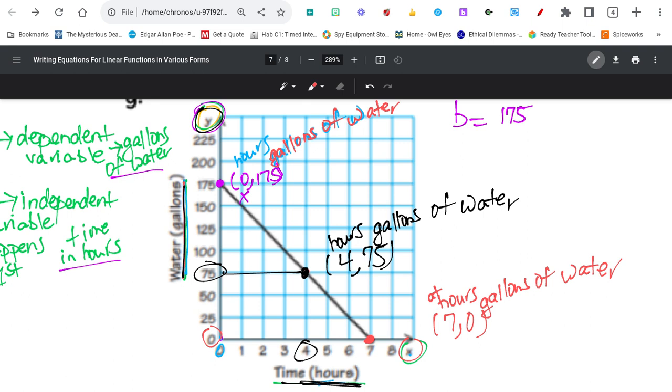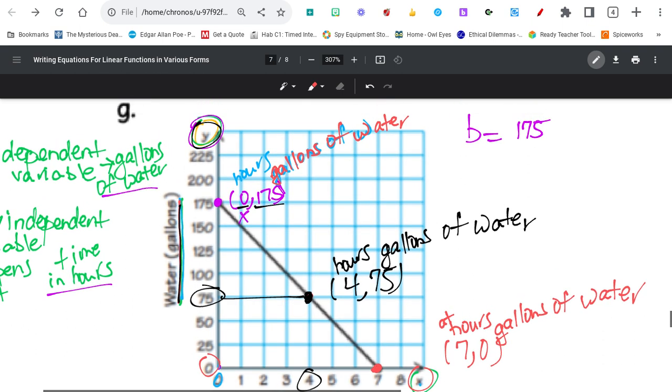So I'm just going to go back. At 0 hours, before any time has gone by, that container was full. If it had 175 gallons and no time has passed by, this is the amount of water to begin with. That's the amount we started with.